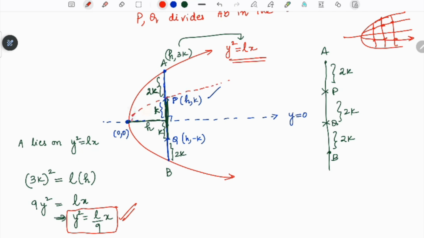Collection of points of trisection, this one, right? This is the parabola formed by collecting points of trisection of this particular parabola. For this parabola, latus rectum length is L by 9. Okay, I hope you understood this.